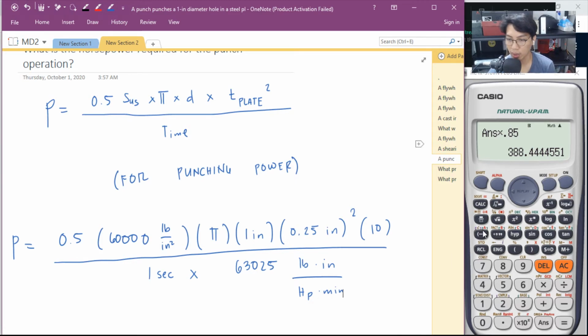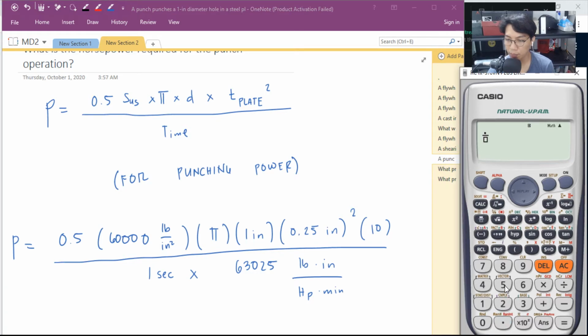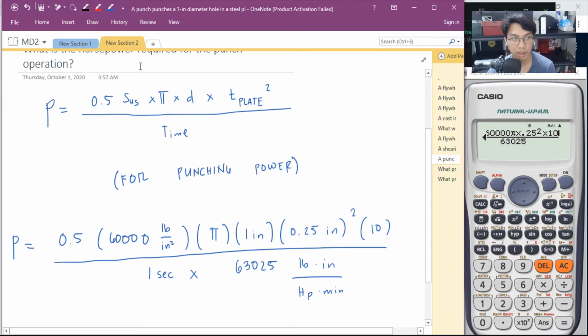Solve muna natin. 0.5 times 60,000 times pi times 0.25 squared times 10. Alam ko 63025. Dapat 60 yan. Dapat ito 60. Hindi to 10. Nagkamali na naman ako ng tingin.